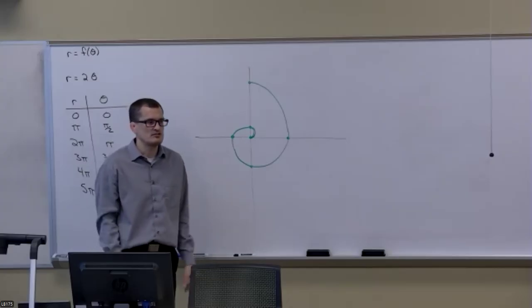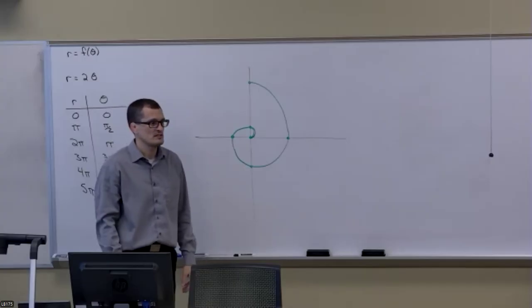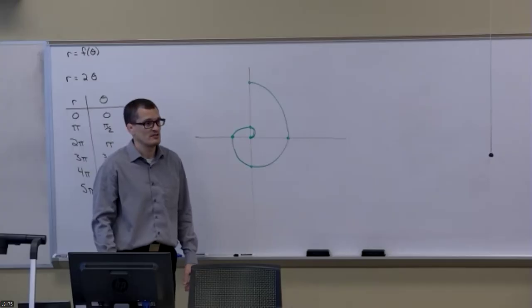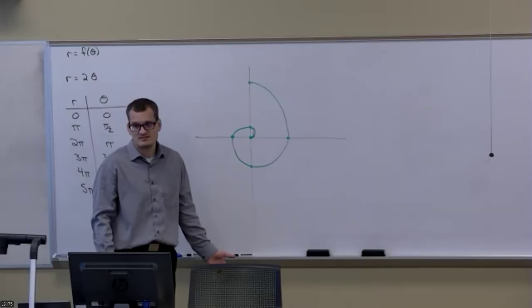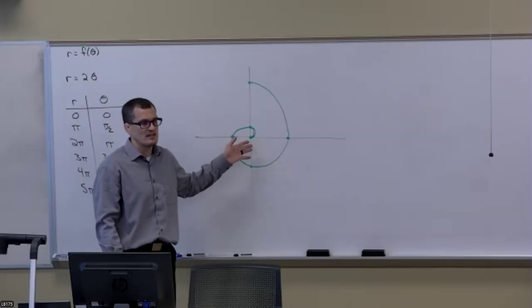Now here's a trick question. Is this a function? It said it's a trick question. So I could either say the answer is, it depends. In the rectangular coordinate system, this is not a function.